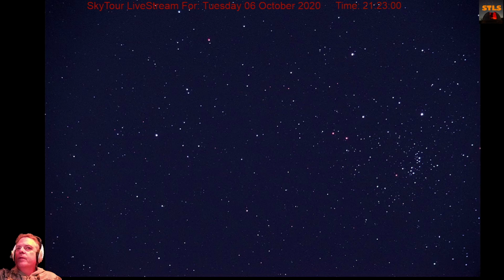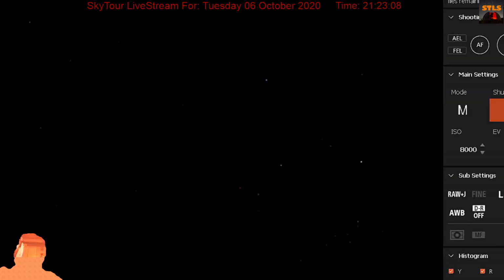Because when you're looking at a cluster like this, most of the stars we see in these clusters are actually created together. So they tend to be all the same type. You know? So I'm going to move us over a little more.